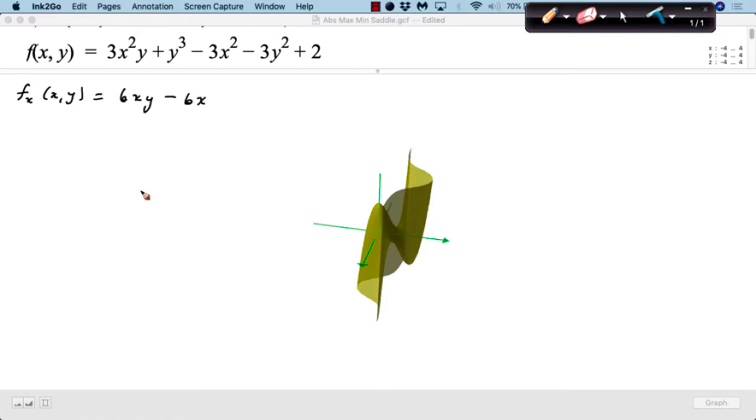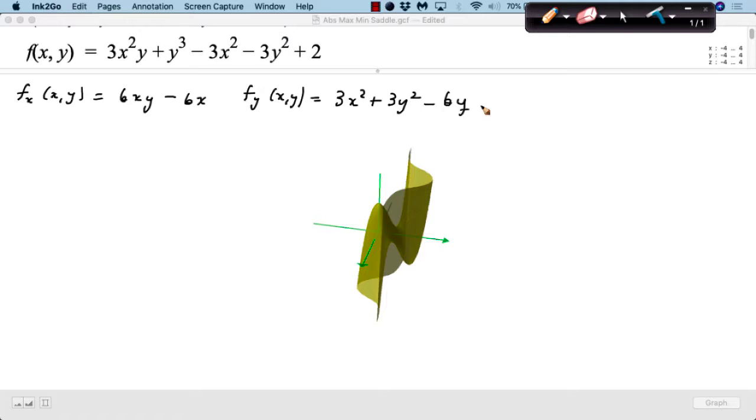There's my partial with respect to x. Partial with respect to y: 3x squared plus 3y squared minus 6y.